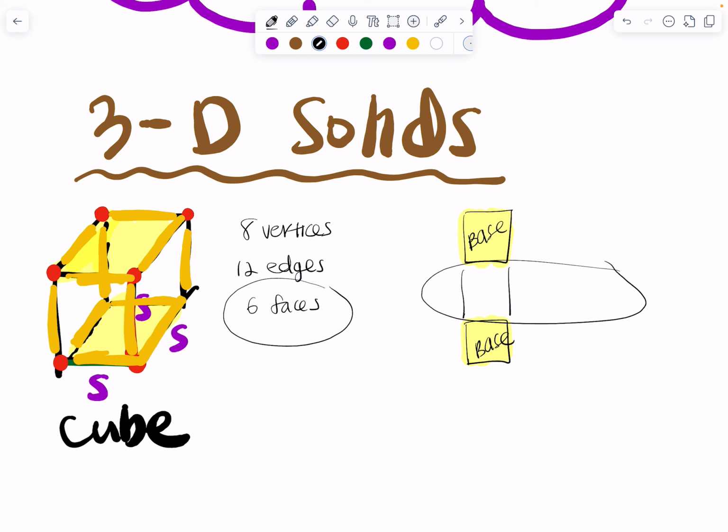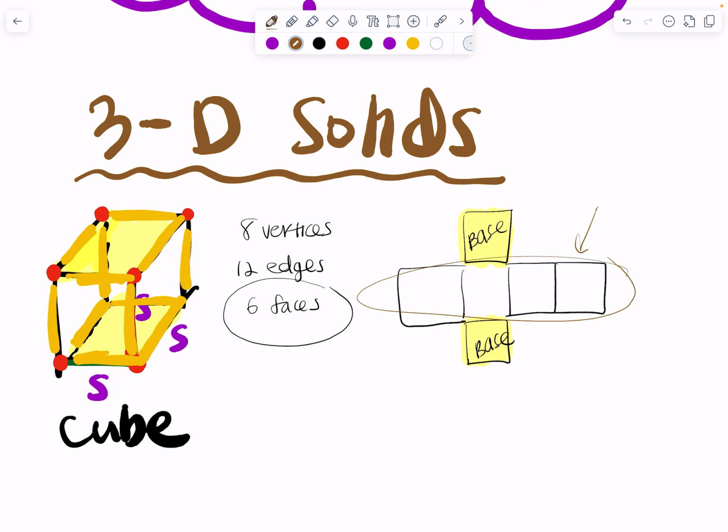They're called the lateral faces. So 1, 2, 3, and then 4. It doesn't matter where you put it, guys. These are called the lateral faces. Therefore, what's the magic word? Surface area.